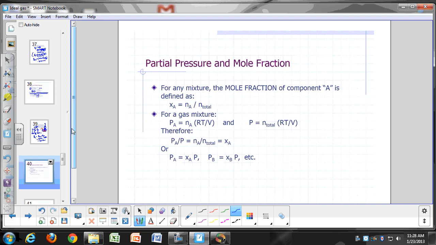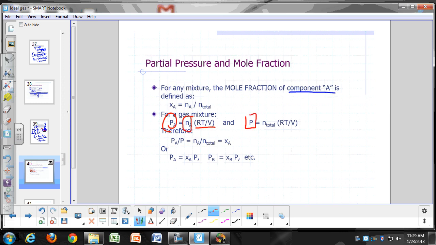Partial pressure and mole fraction. Let's define mole fraction. If you're dealing with a mixture, the mole fraction of component A is defined as just the ratio of the number of moles of A to the total moles of the particles in your mixture. Okay? So for a gas mixture, we know that the partial pressure of component A is just moles of A times RT over V, right?